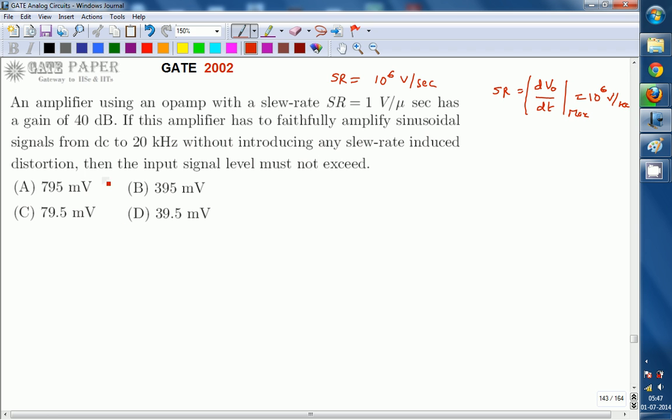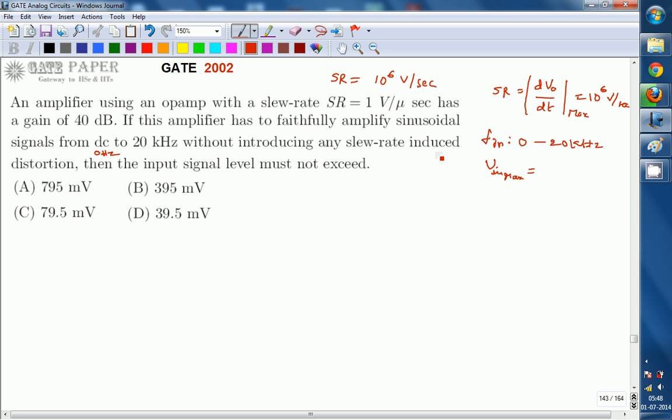So the input signal frequency varies from 0 to 20 kHz, and we are going to calculate V input maximum, the maximum input signal we can apply such that the output is not distorted.